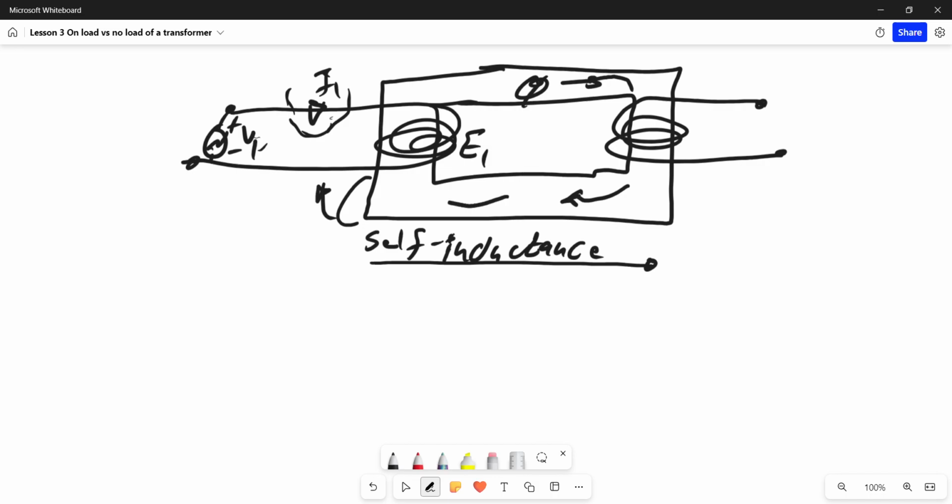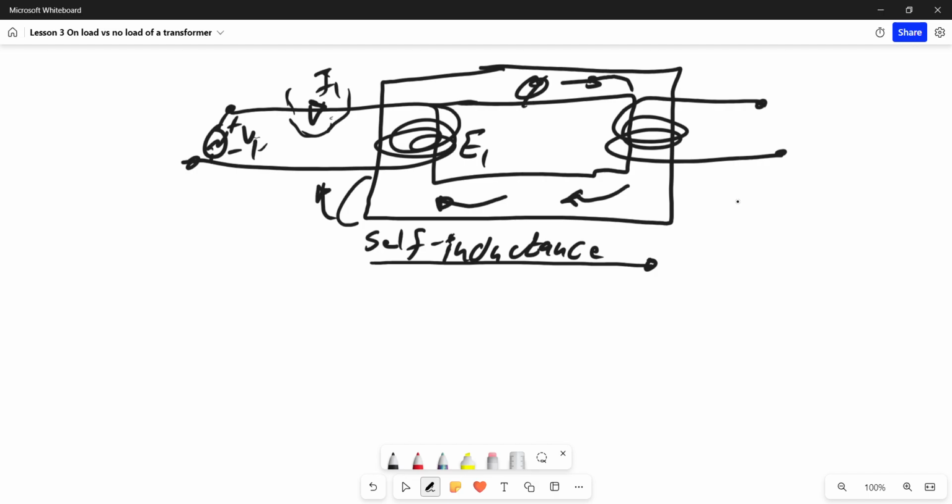So now we know that the flux is flowing that way inside the core, clockwise direction. Okay. So now when the flux keeps flowing that way, it also cuts the second winding. So when it cuts the second winding, the same principle of electromagnetic induction is being obeyed.